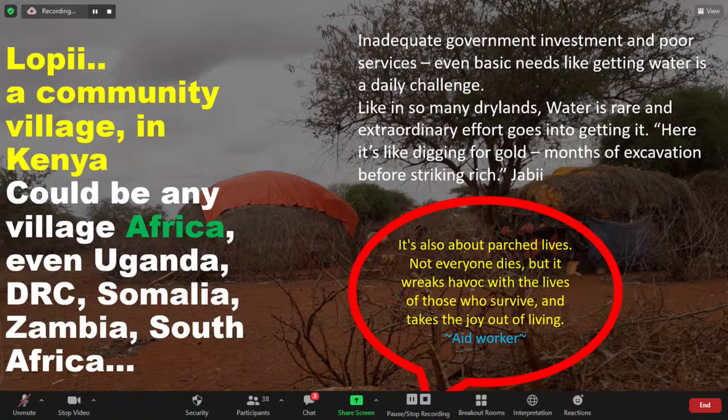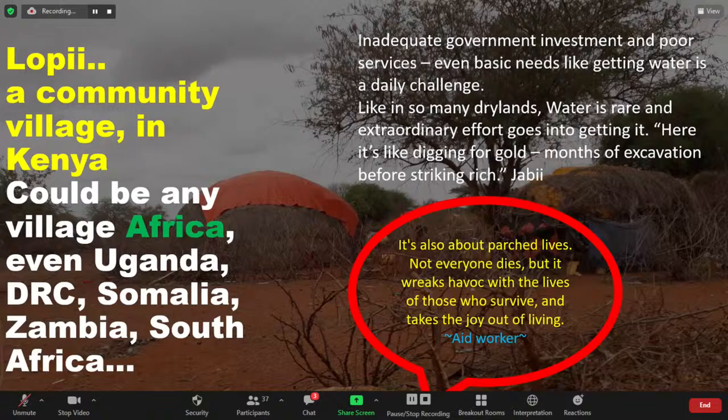So this is a story of many dry lands in Kenya where water is rare and extraordinary efforts go into getting it. In fact, in this village, one of the aid workers was even saying that it's all about part lives, because not everyone dies, but it wreaks havoc with the lives of those who survive and takes the joy out of living for those who have to even bury their own because of lack of water.